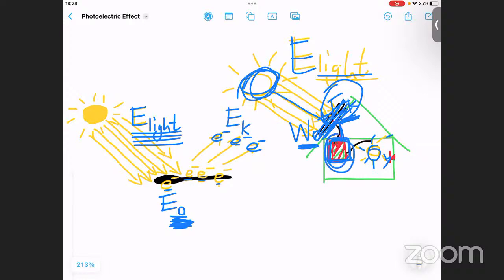So that means instead of buying electricity that goes straight into there, you use the light from the sun to generate those electrons. You use the photon to generate the electrons, photoelectrons.